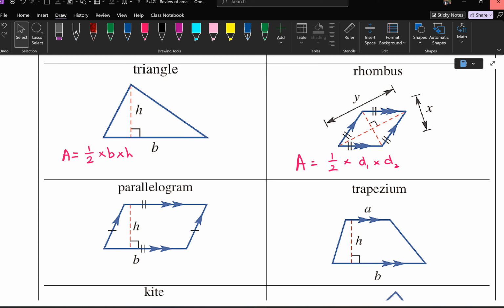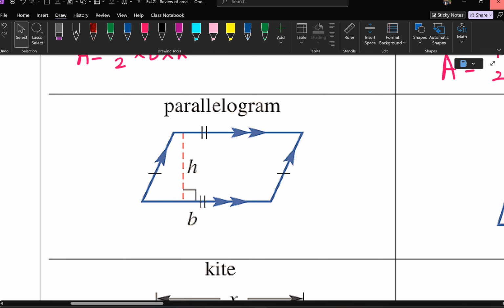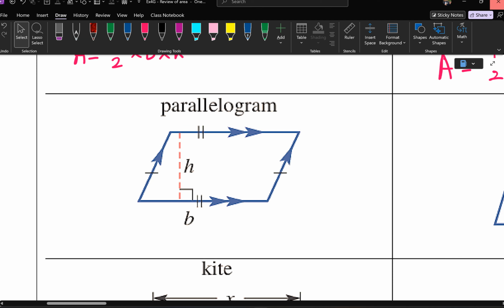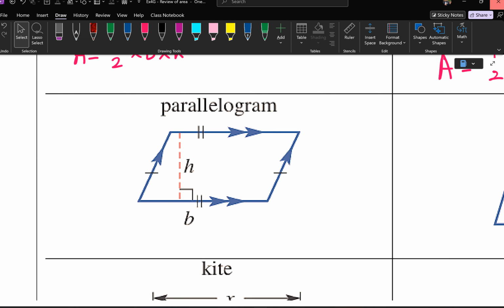Anyways, the reason why I thought it was interesting is because a rhombus and a parallelogram look very similar, but the formulas are different. In a rhombus, all sides are the same, and that's why you end up with a 90-degree intersection. But in a parallelogram, not always do you get a 90-degree intersection.